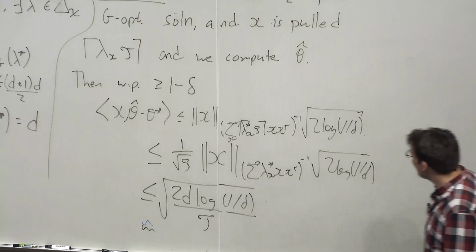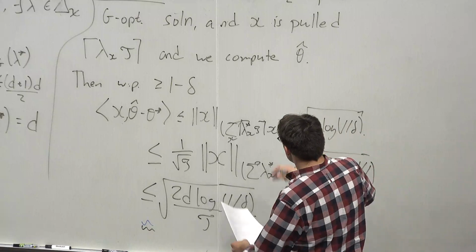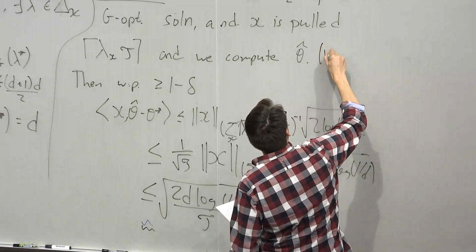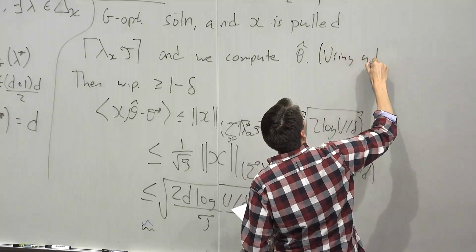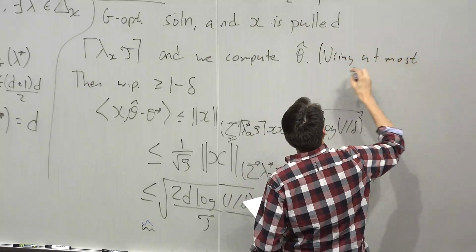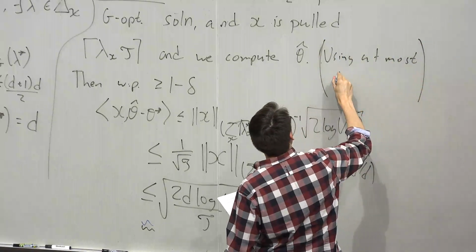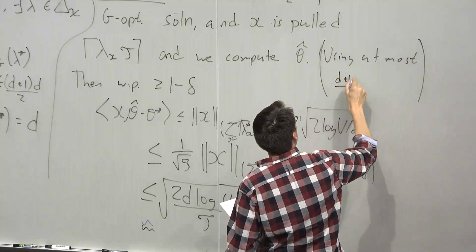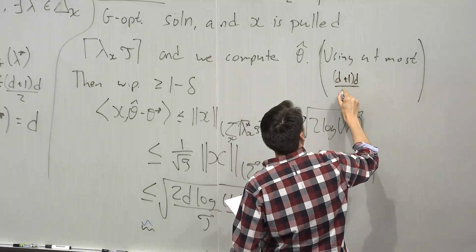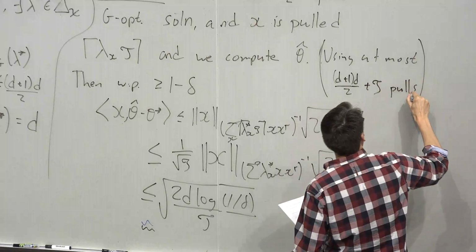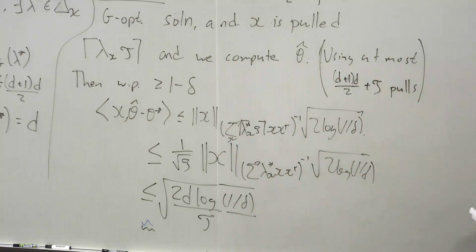Oh, and using at most d plus 1 times d over 2 plus tau pulls. Right? Because lambda star is d plus 1 times d over 2 sparse.